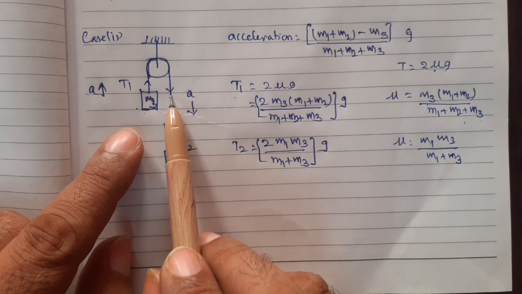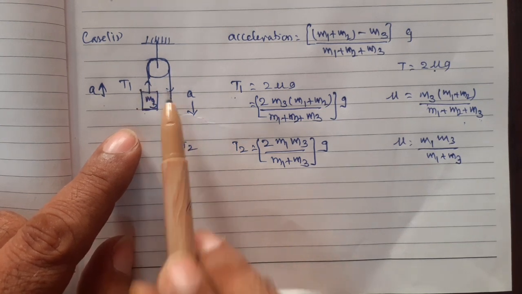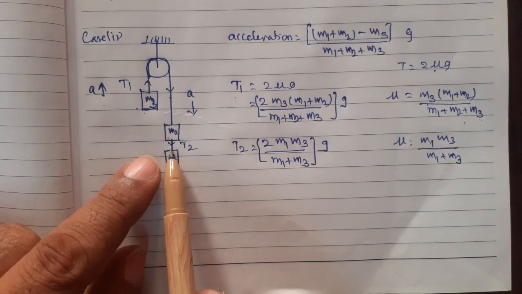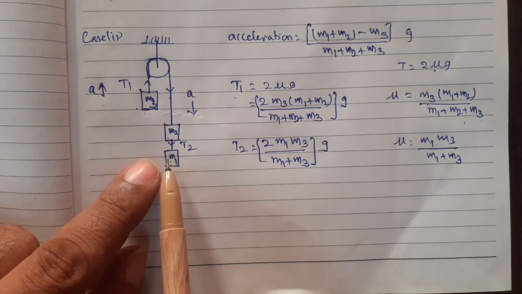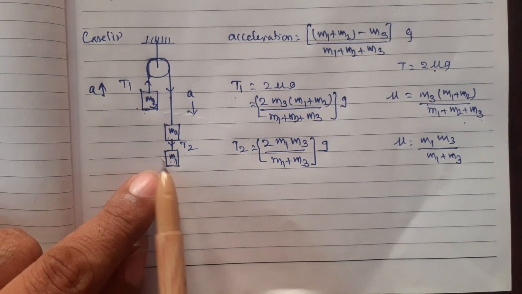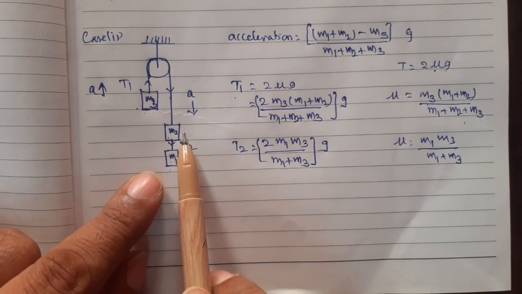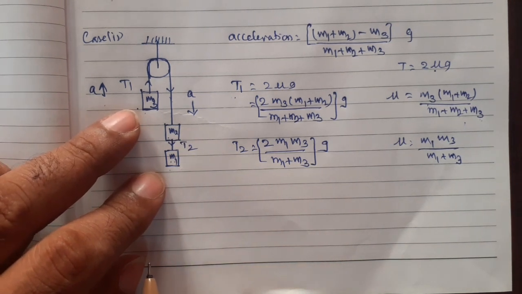In these two parts it is clear the tension is equal to T1. Now come to T2. What about the tension in this part of the string? For this T2, the reduced mass can be written by considering this mass as well as this mass. This other mass does not play any role. Only these two masses are considered to write the reduced mass.